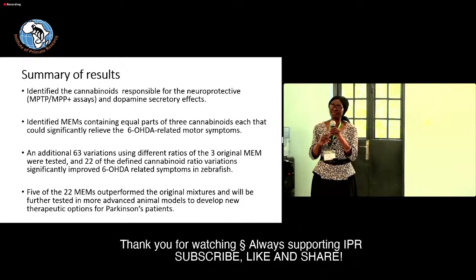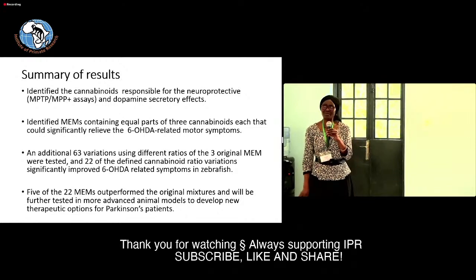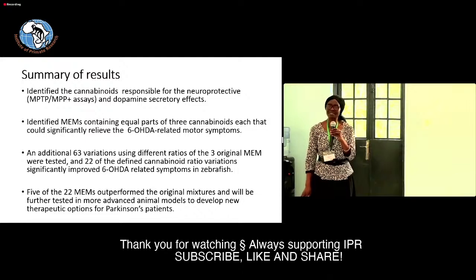Within the study, they were able to find 63 additional variations, and then they reduced this to 62 of the cannabinoid ratios. And using zebrafish assays, they were able to come down to 22 cannabinoid ratio variations.